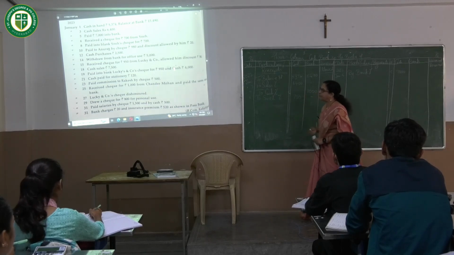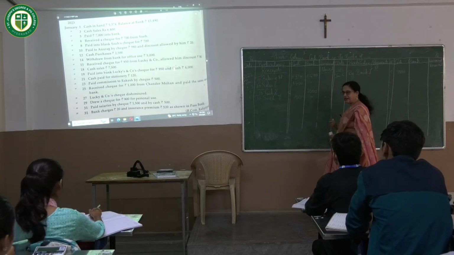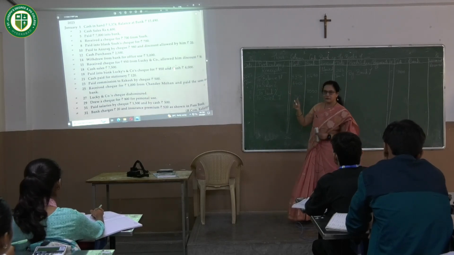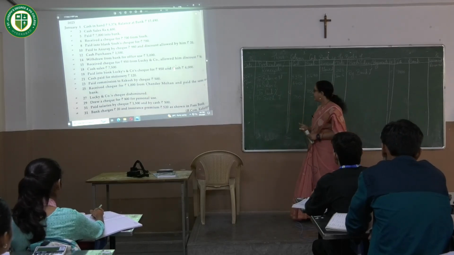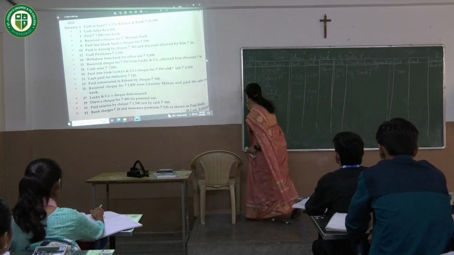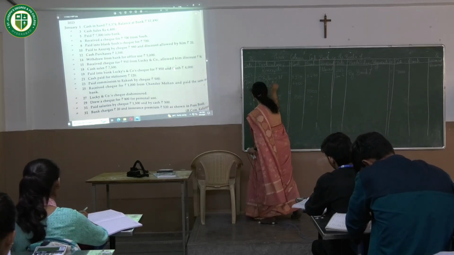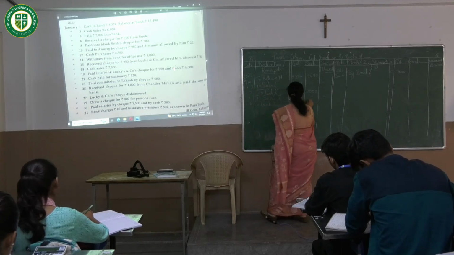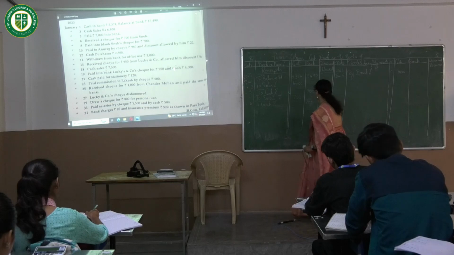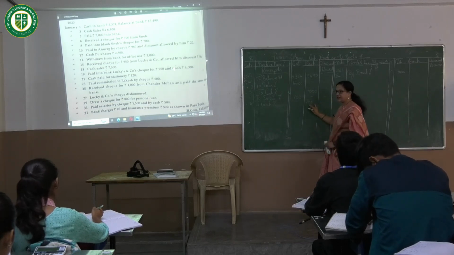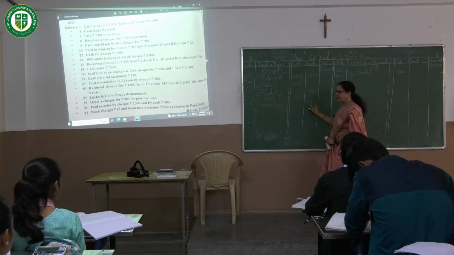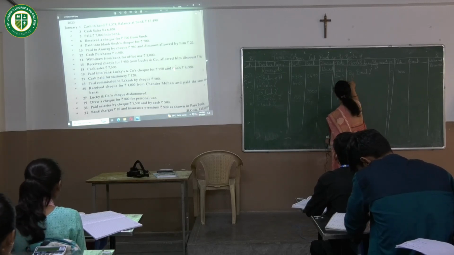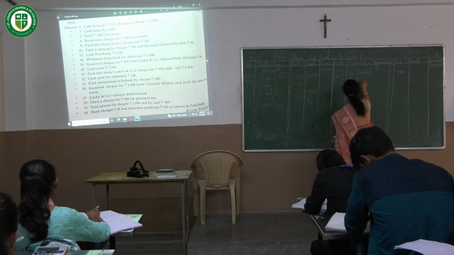Then on 8th, when I pay it into the bank, what is the journal entry? When a check is deposited or when you pay into the bank, we just did it. Bank account debit to cash account. So on January 8th, bank account is debited to cash account with the amount of the check, which is 700 rupees. 700 is recorded in the bank column now, and the credit aspect is by bank in the cash column.